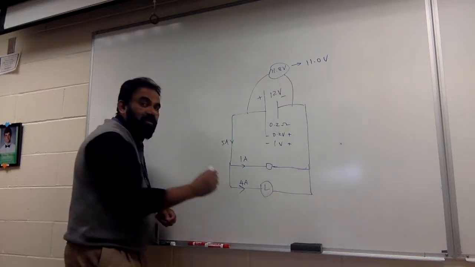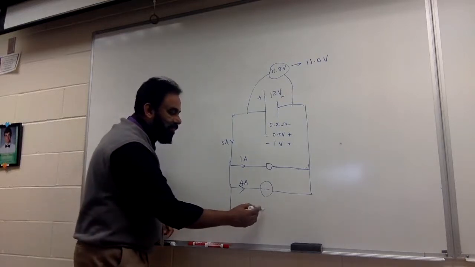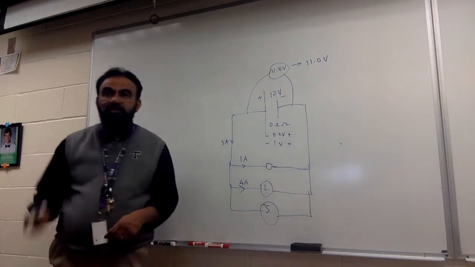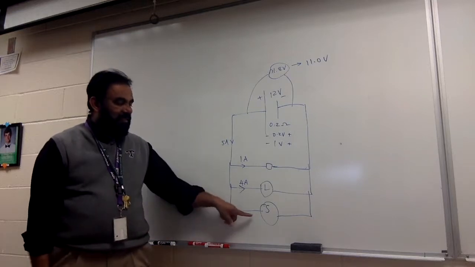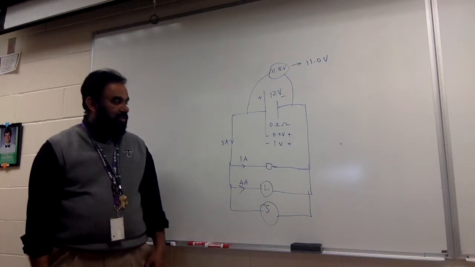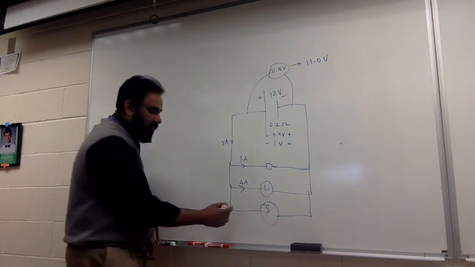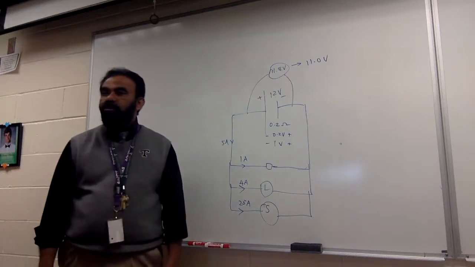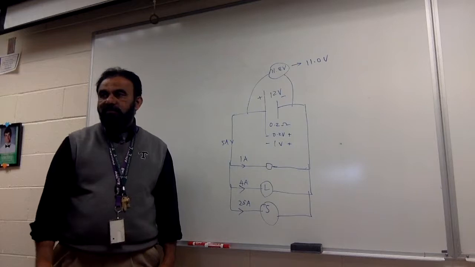Now, if you turn the engine on, if you're starting the car, that's the starter motor. Let's say the starter motor draws 25 amperes, just to start the car, only at that starting moment.